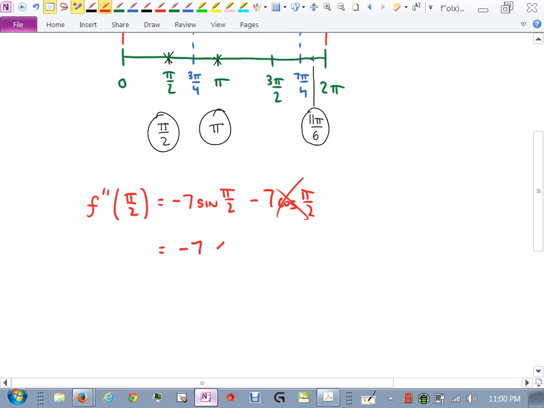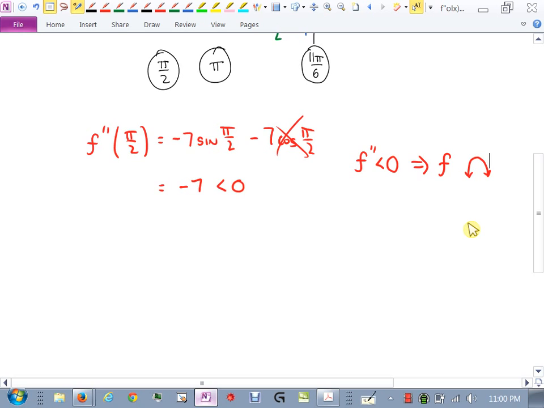So I just get negative 7, which means that this is a negative number. And that tells me that the second derivative is negative on this region, and that tells me that the original function is concave down. So it looks like a frown on that region. Now, I don't know what part of the frown it is, but I know for sure it looks like a frown.